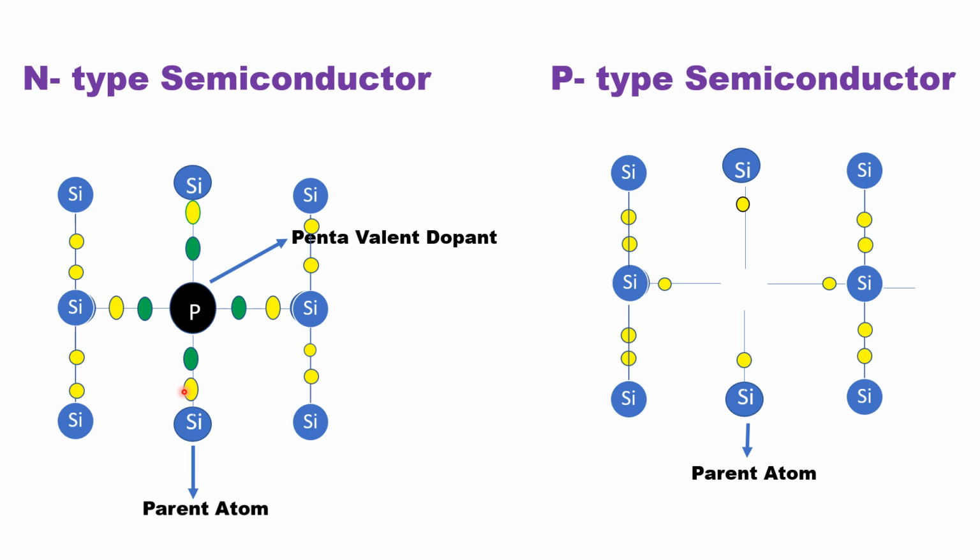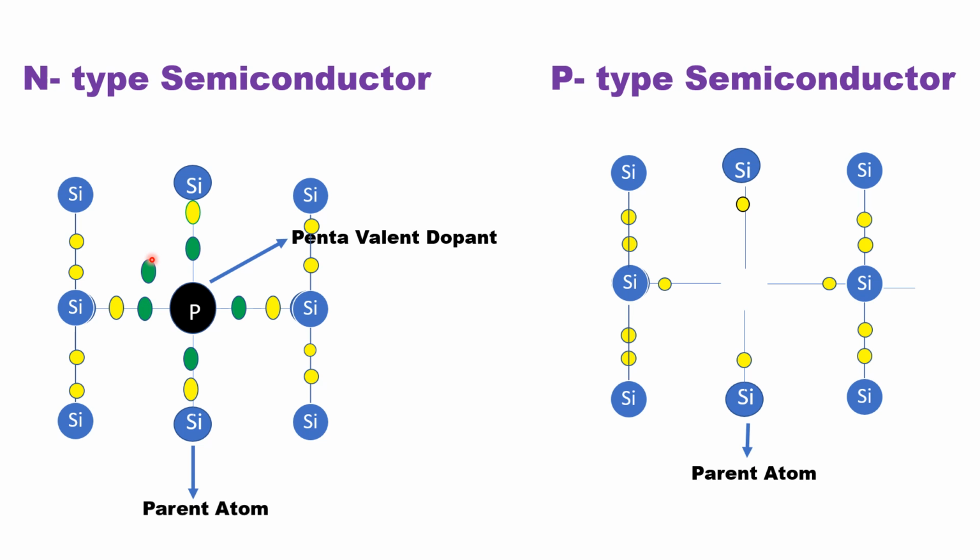Four of the 5 electrons of the pentavalent impurity atom will form covalent bonds with the valence electrons of neighboring silicon, and the 5th electron is loosely bound.